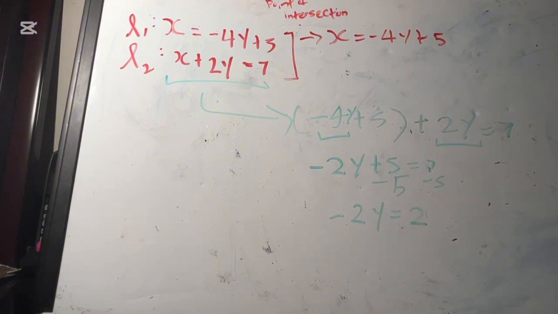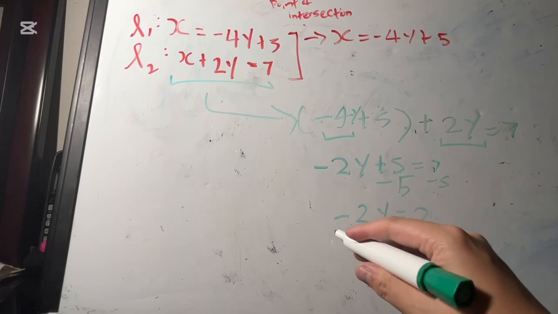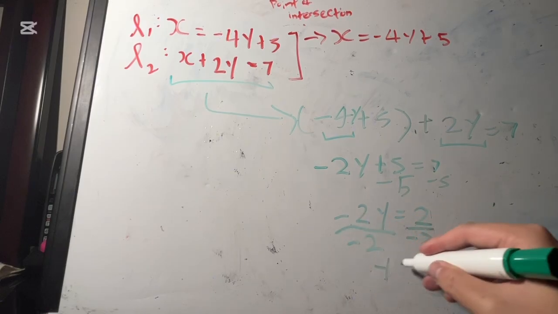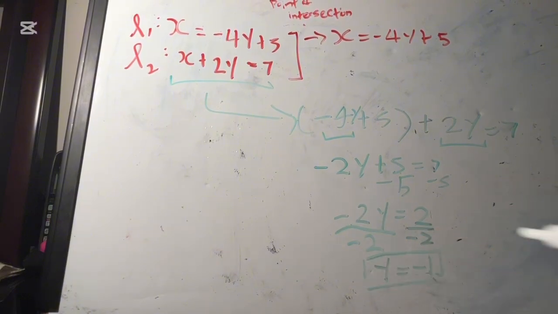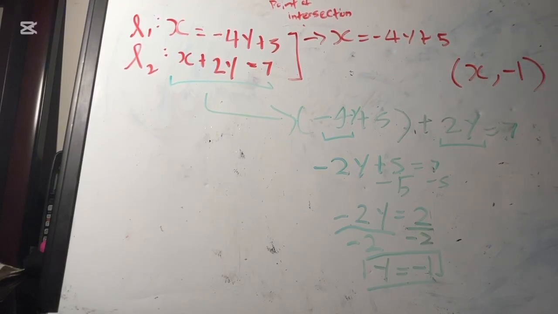So in essence, what you have here is another negative 2y, y equals negative 1. And this is going to be your equation for y. So once again, like last time, I'll begin putting this in.